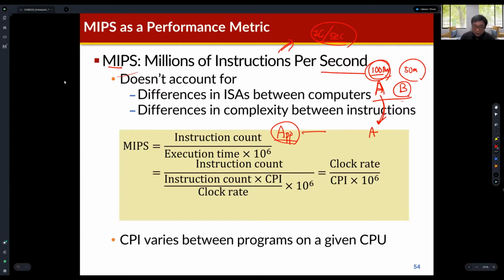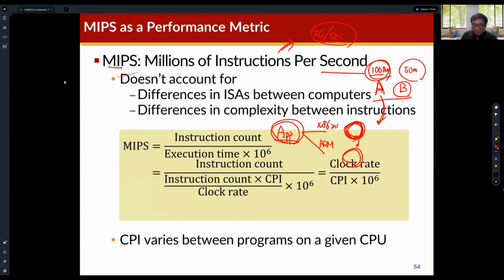This same app can be compiled into, for example, x86 instructions, or the same app can be compiled with an ARM compiler. Then how many instructions are generated for these two different cases? We don't know.